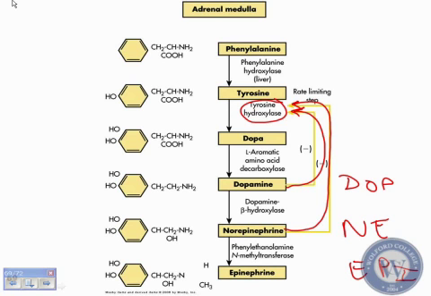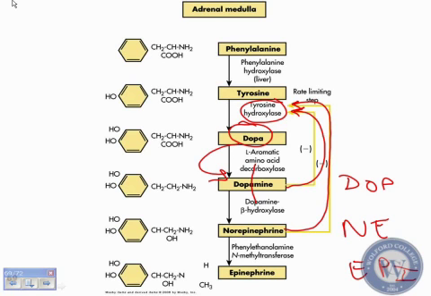After tyrosine gets broken down, it becomes the first compound, which is dopa. Then you start putting the amines to it, which gives dopamine. But the rate-limiting step in this reaction is tyrosine hydroxylase. And you have to know that because they do ask that on the exams every once in a while.